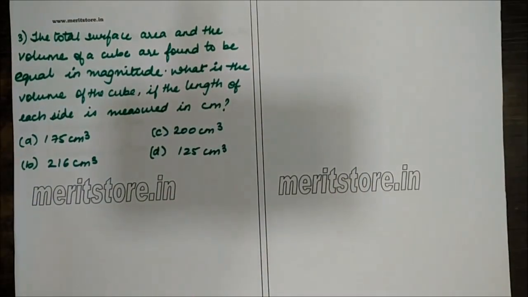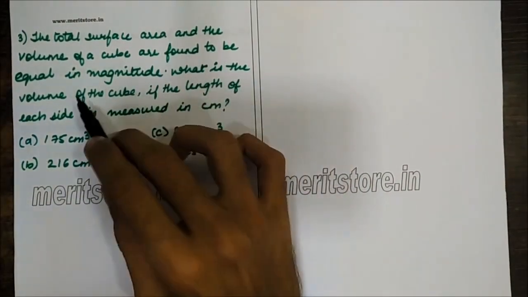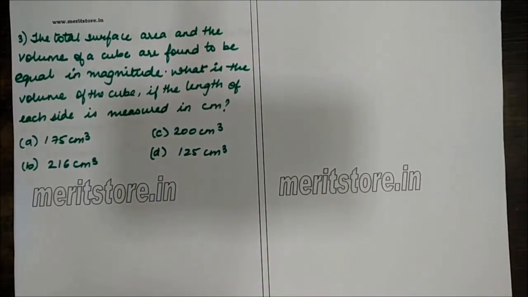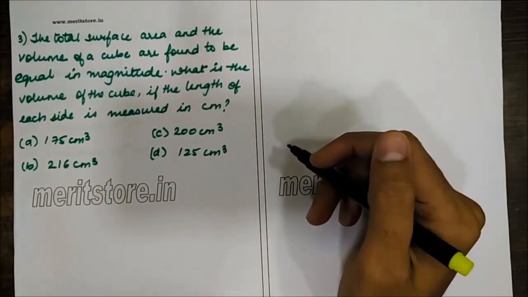The total surface area and the volume of a cube are found to be equal in magnitude. What is the volume of the cube if the length of each side is measured in centimeters?